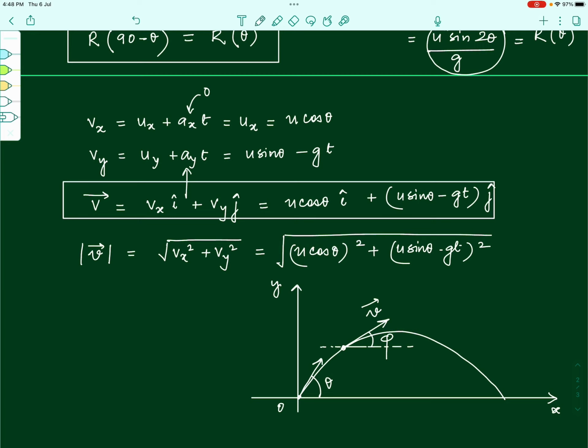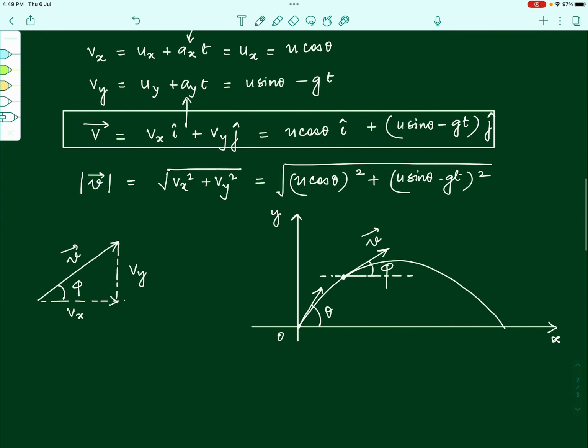So, do we see from here that if your velocity vector at any point in time is, let us say, pointing like this, this is the x direction and this is the y direction. So, its components along the x and the y directions, we can use them to find out this angle phi using trigonometry, right. Can we say from this figure tan phi is equal to the opposite Vy by the base Vx.